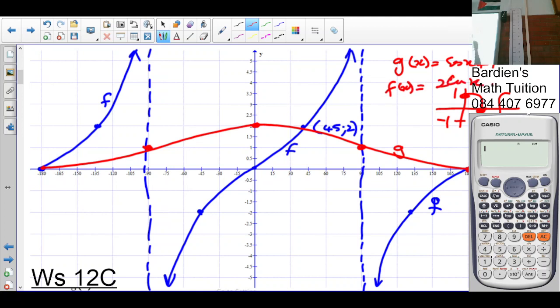Right. What's the first question pertaining to this graph? What's the amplitude of g? So the amplitude is from the neutral to the maximum, from the middle to the maximum. What's that distance? From the middle to the maximum. 1, yes.